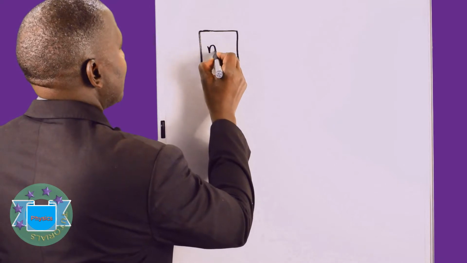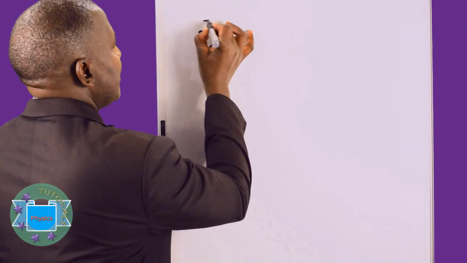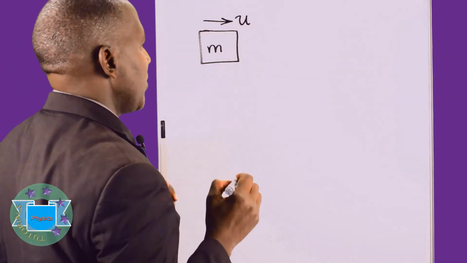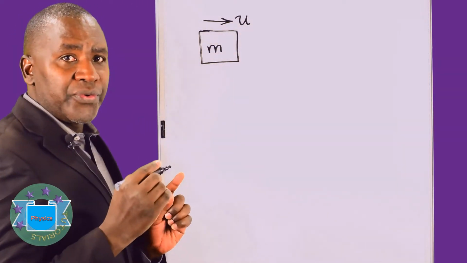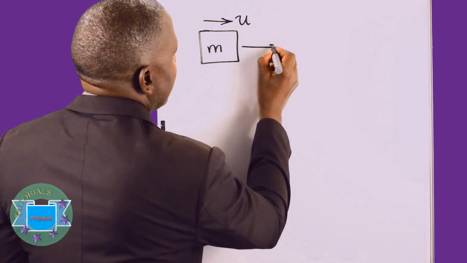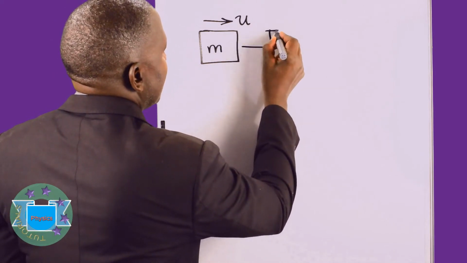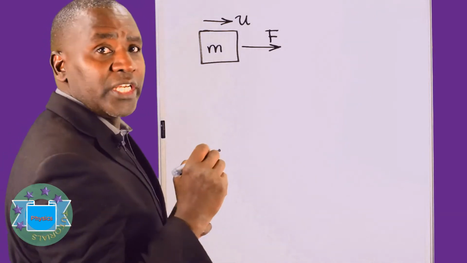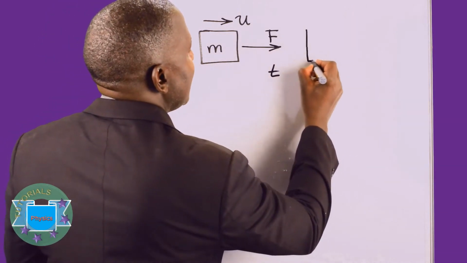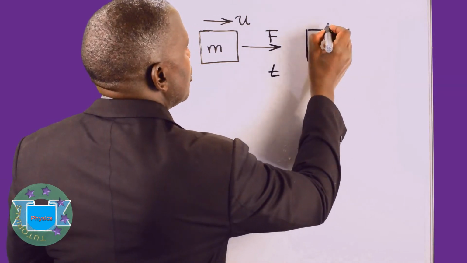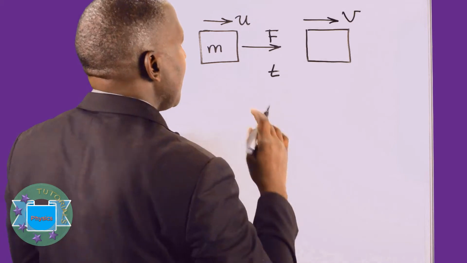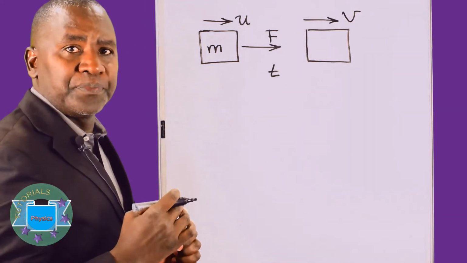It has mass m. At this instant of time, it's moving in that direction with velocity u. And then after time t, there is a resultant force acting on it for time t, changing its velocity to v. That is the situation that we have.